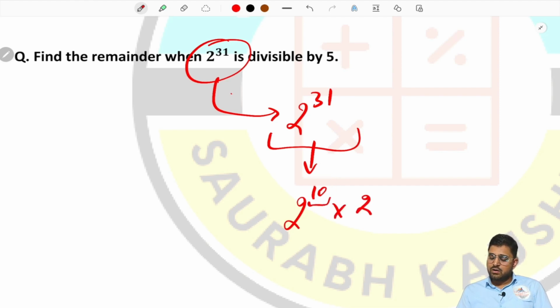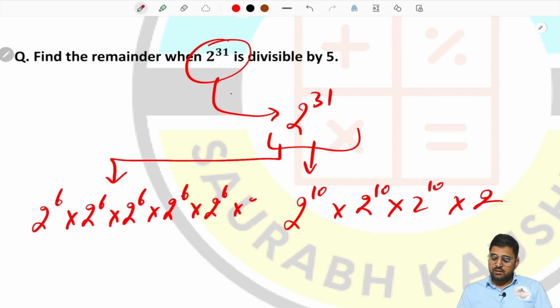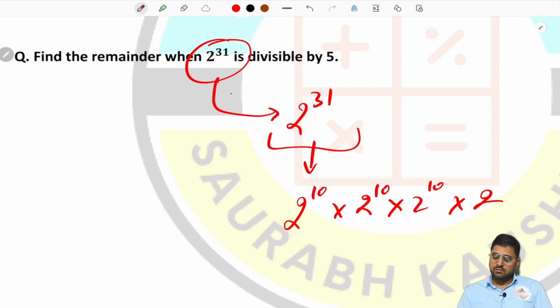If you are using 10, then make the second one also 10, the third one also 10, and whatever is left, put it like this. If you know 2 to the power 6, you can make it like this: 12 and 12, 24, 30, and then 2. So it's your priority.